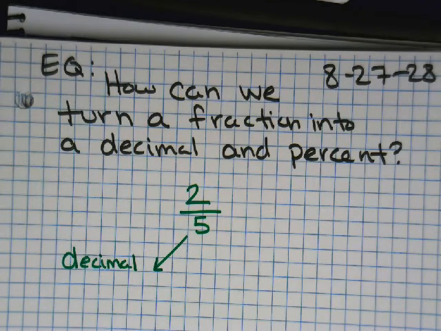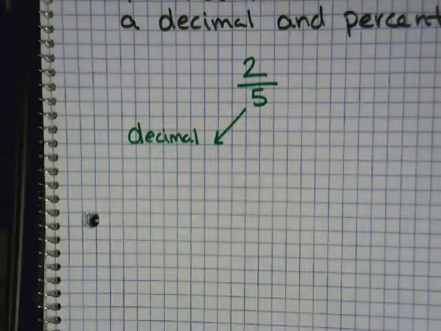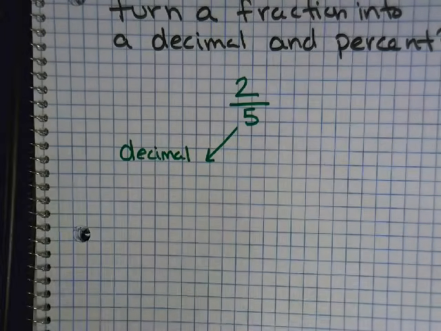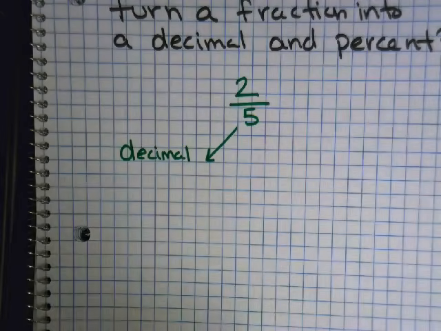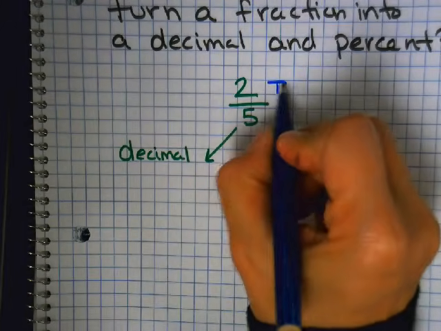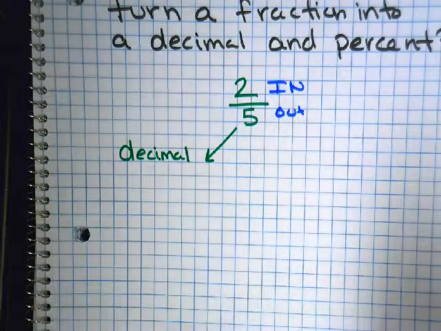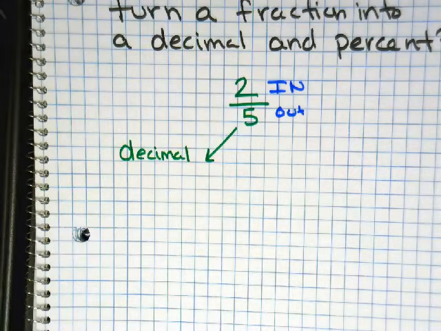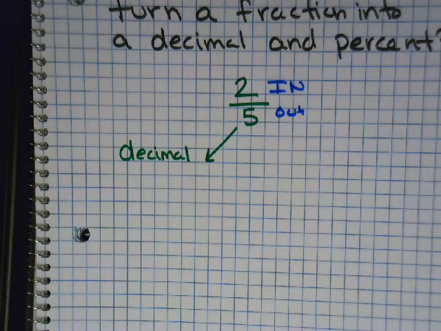Does anybody know what number goes inside the division box? The 5? The 2? Did your 6th grade teacher show you in and out? Why do we say that?